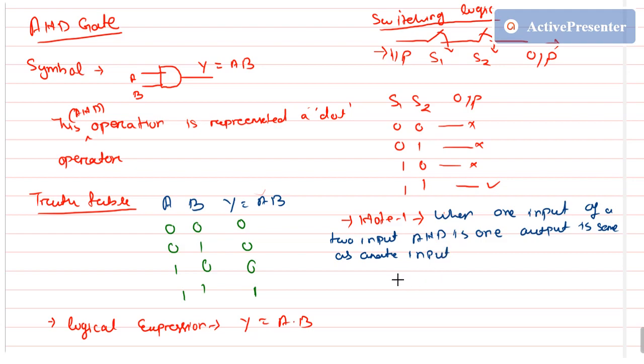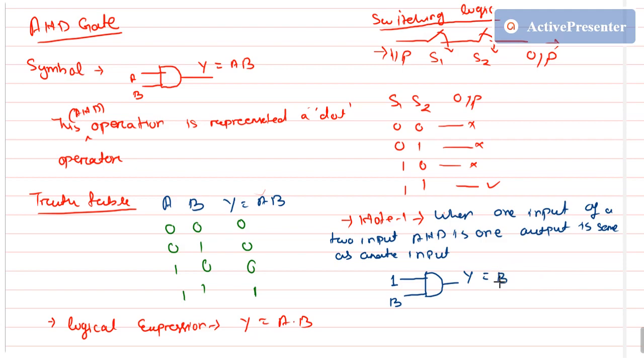So what does this mean? Let us understand this pictorially. There are two inputs, so it is a two input AND gate. One input is 1, it is fixed, and suppose the second input is B. So the statement is saying that if one input is 1, then the output Y will be the same as the other input.